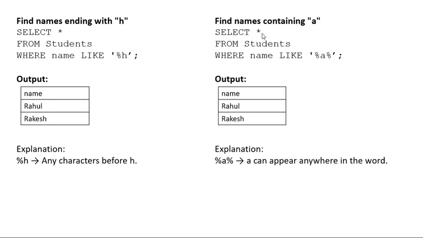SELECT * FROM student WHERE name LIKE '%a%'; The output is the names Rahul and Rakesh, with a between the letters. The percentage can appear anywhere in a word, so the letter a in the middle of a name is matched, and the student names are printed.